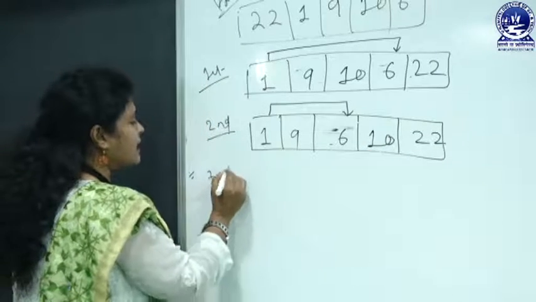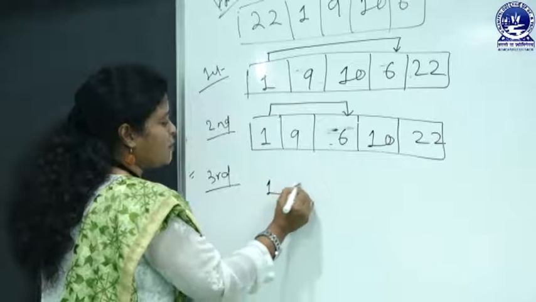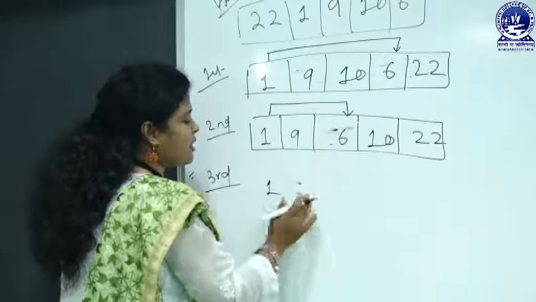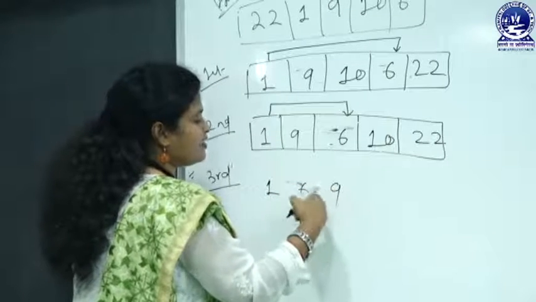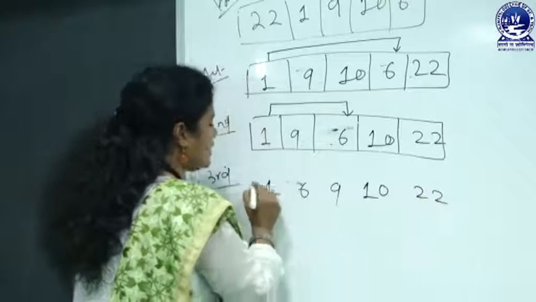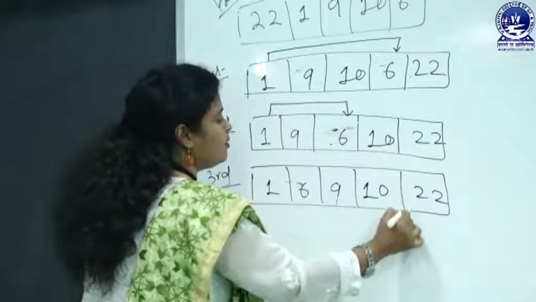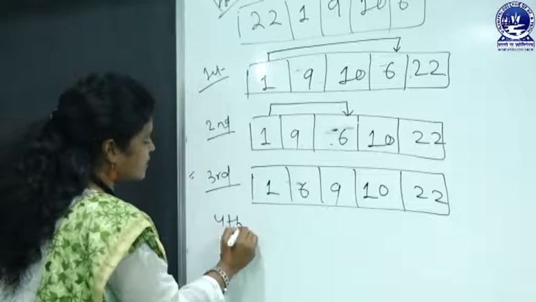So in the third iteration, 1 with 9, no problem, 9 with 6, swapping, then 9 with 10, not necessary, 10 and 22 are in their proper positions.